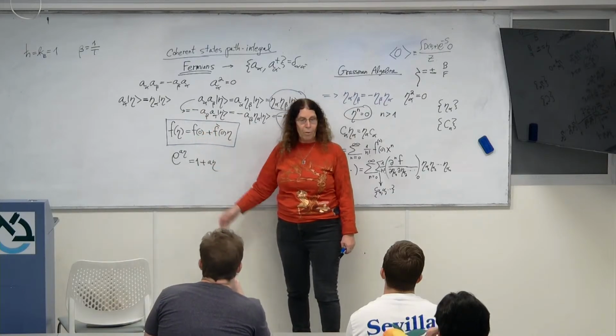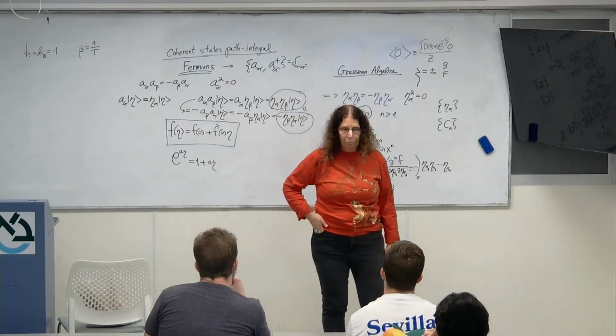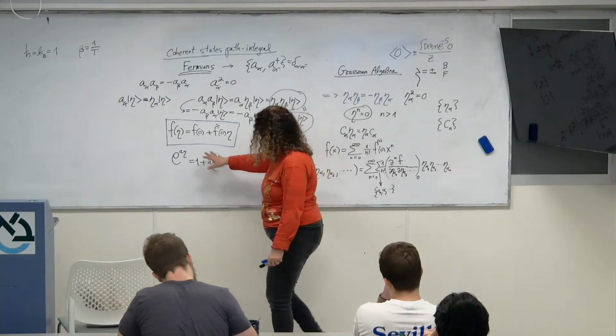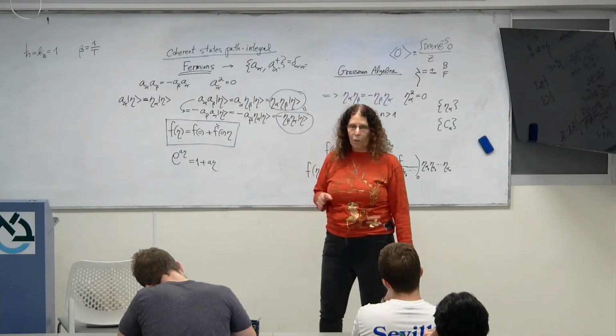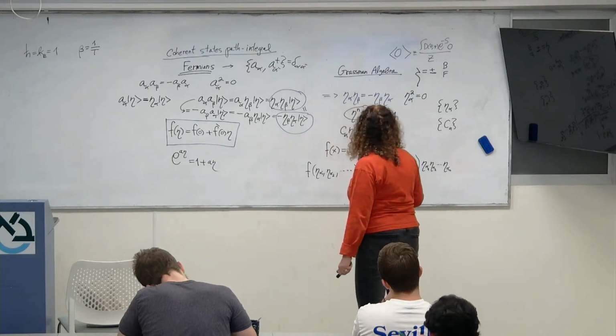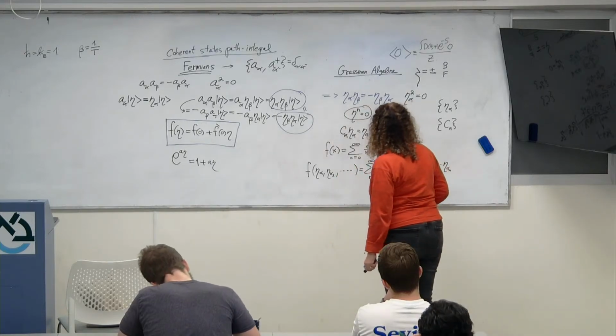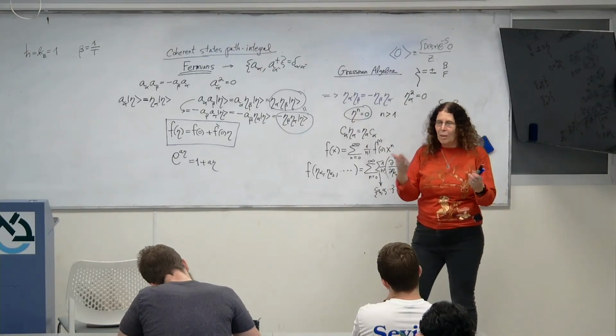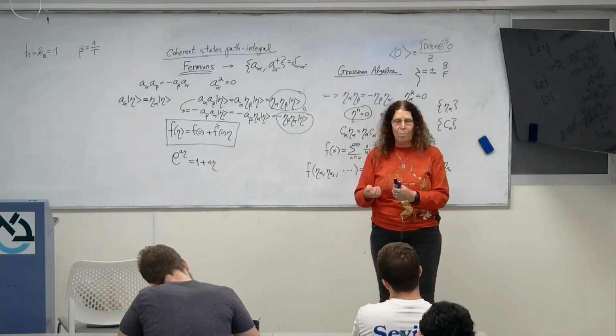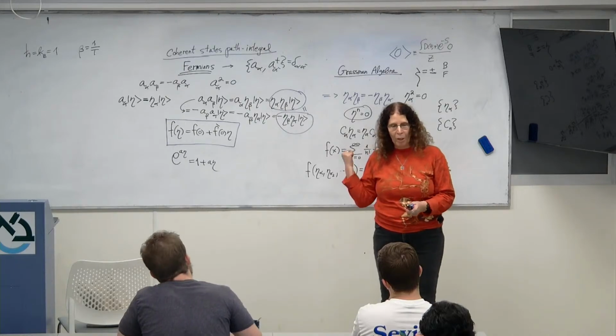For everything we do, this is what we need. But now there are additional rules. So we have algebra rules, like what are the mathematics we need? We have multiplication, we know.